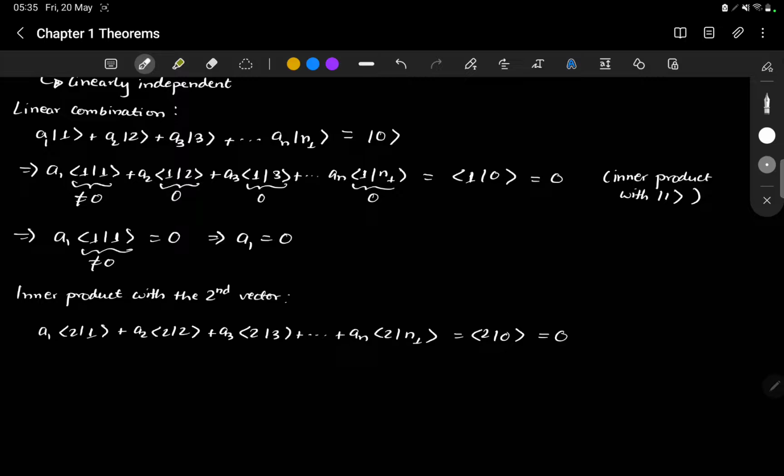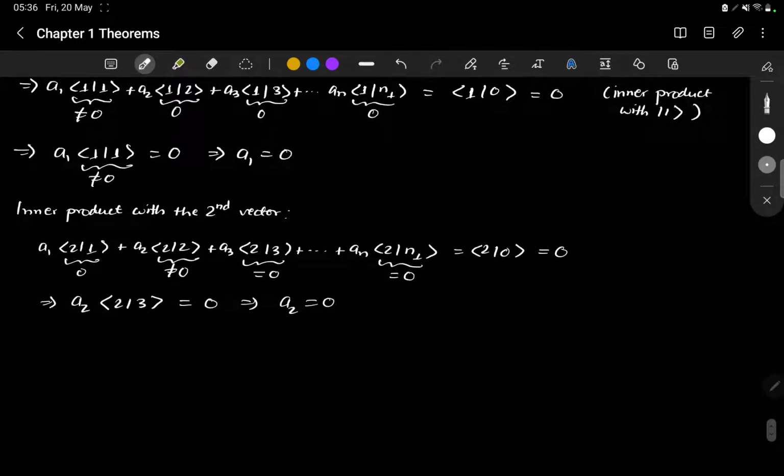Again, the right hand side is 0. This here is 0. This is non-zero, because all of these vectors are mutually orthogonal. So mutually orthogonal implies that the inner product of two distinct vectors is going to be 0. So what does this give us? A2 times some non-zero number is equal to 0, which implies A2 is equal to 0.